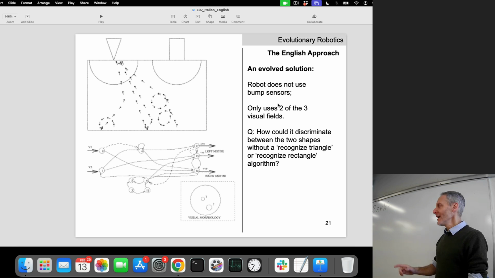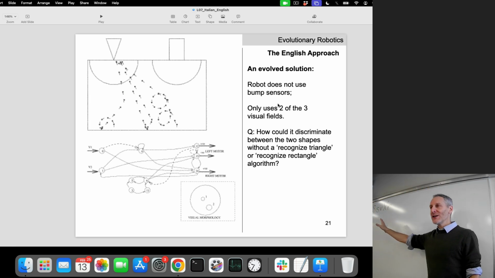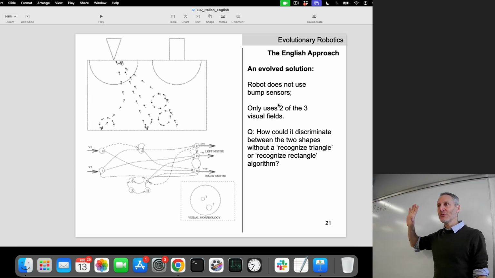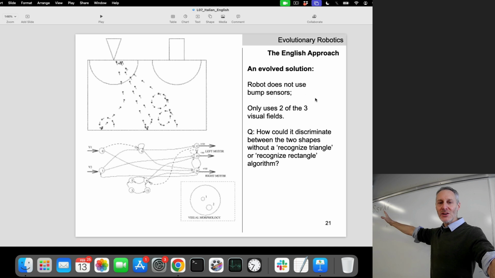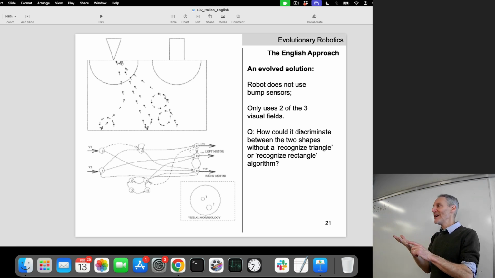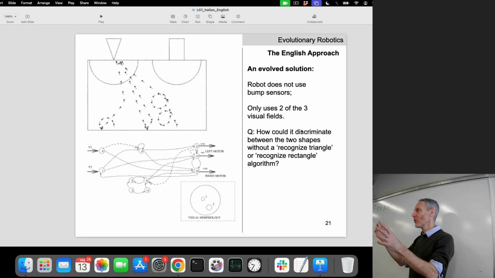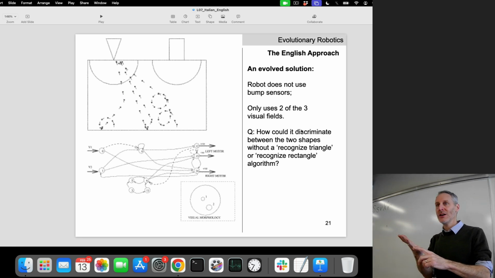If you forget all the details we just talked about now, the one thing I want you to remember is the explanation of however this thing is discriminating between shapes. That explanation contains the following ingredients. Movement. The robot is moving and the camera is turning. Time intervals between going black and going white.